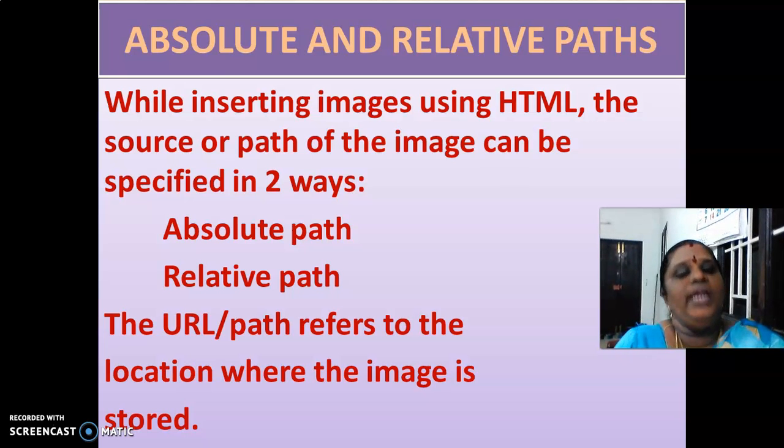Okay, so while you are inserting the image in HTML, the path can be specified in 2 ways. One is absolute path and the other one is relative path. It refers to the location where the image is stored.